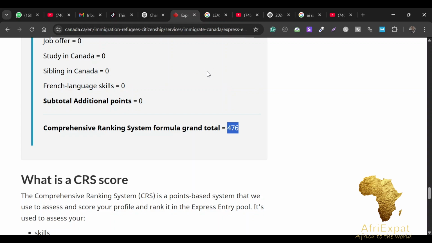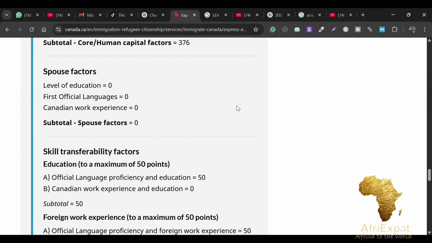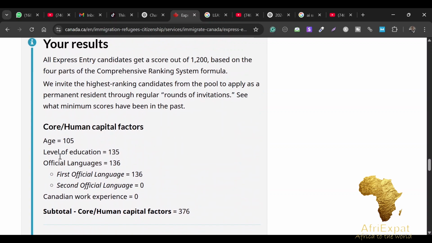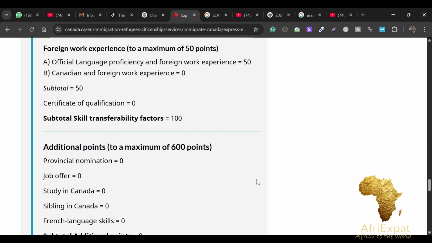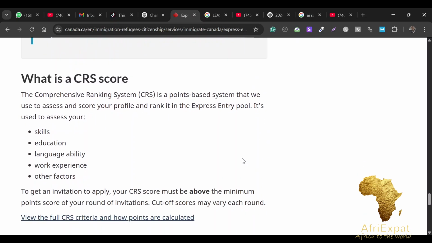So because of the difference in age, this individual had a lower total score of 476, while the first one had 561. Like I mentioned previously, the older you are, the lower your score for age. As you can see, they had a very small score, 105 under age. Alright, so let's take a look at another example.